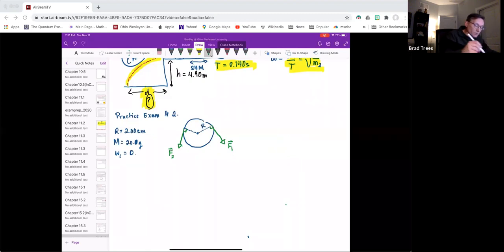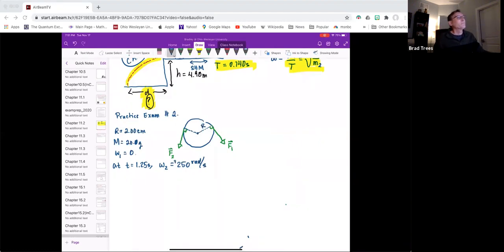At the time t equals 1.25 seconds, when both of these constant forces have been acting tangent to the rim, F1 directed clockwise and F2 directed counterclockwise, the angular velocity, I'll call it omega 2, is 250 radians per second counterclockwise, positive. Counterclockwise is positive. Okay, that's all given. That's the situation.